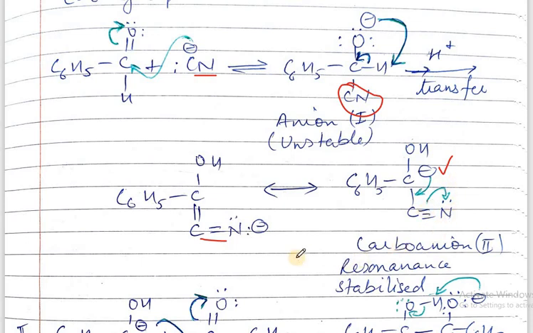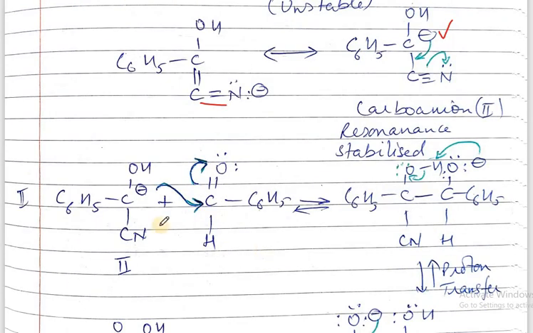Then this resonance stabilized carbanion attacks the second molecule of benzaldehyde through carbon, and this forms C6H5, CN, and this OH, and this O negative, and this C6H5.